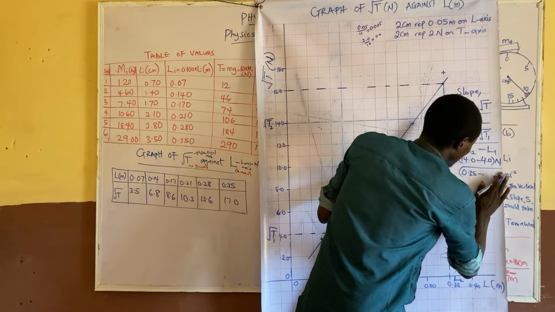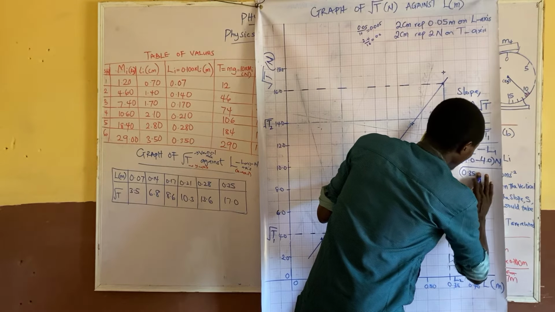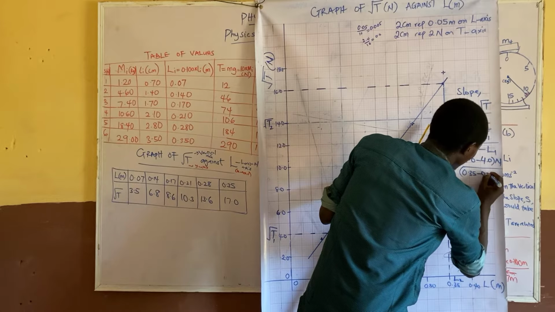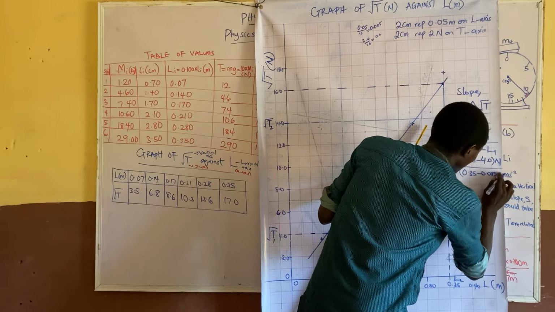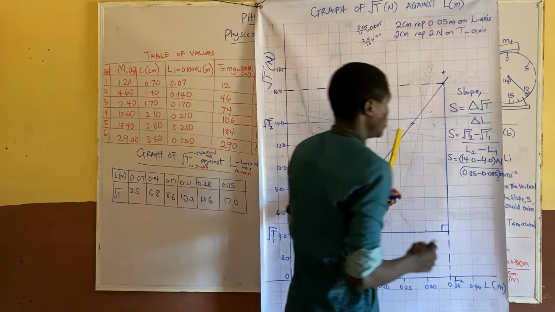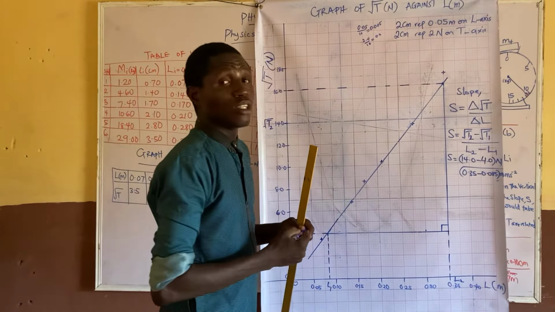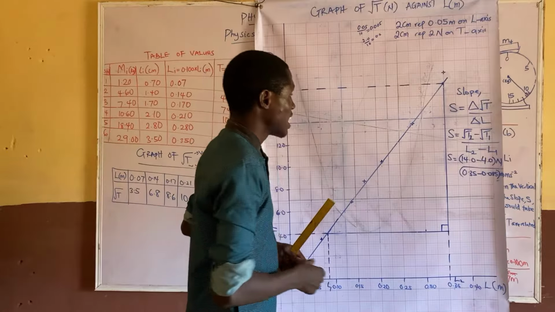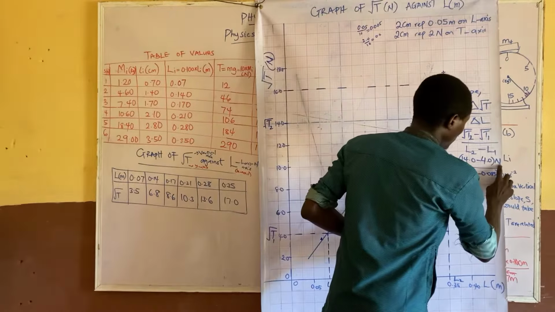Let me even write it again for you to see very carefully: 0.085 meter. So it is very essential that you write your unit very clearly, so that people might see it.